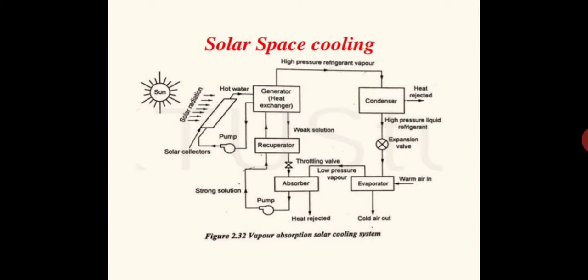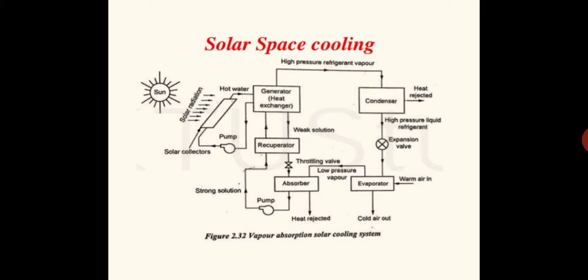But in that system, solar energy is converted to electricity, so we cannot assure electricity all the time. That is the difficulty. So mostly we will be depending on the vapor absorption solar cooling system. In this system, apart from the other one, we eliminate the compressor part. The compressor is completely replaced by a set of absorber tank as well as the generator.